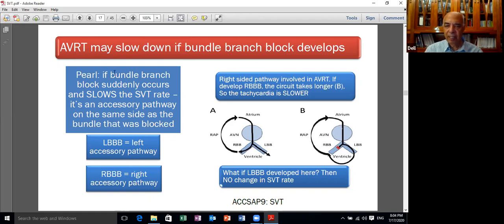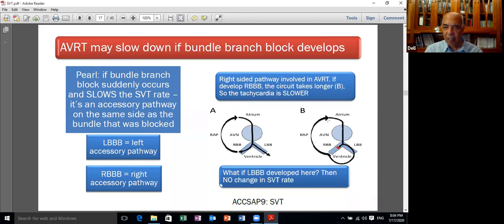Let me explain that. Under normal circumstances, look at the left-sided figure here. The impulse comes from the atrium and activates the right and left bundle branches, and then goes retrogradely through the accessory pathway to activate the atrium again. Now suppose that we got a right bundle branch block here.